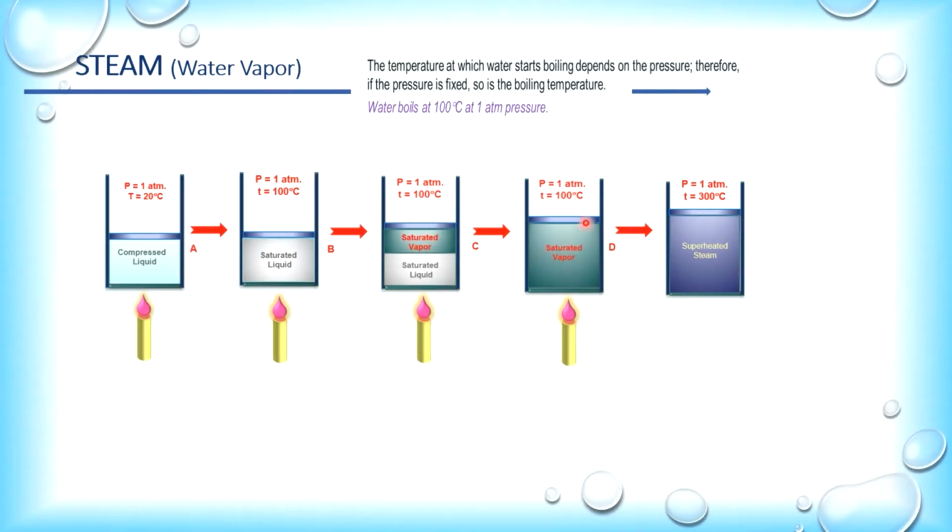Then if more heat is supplied, the temperature will increase further until the substance is categorized as superheated, and we call it superheated vapor or superheated steam.